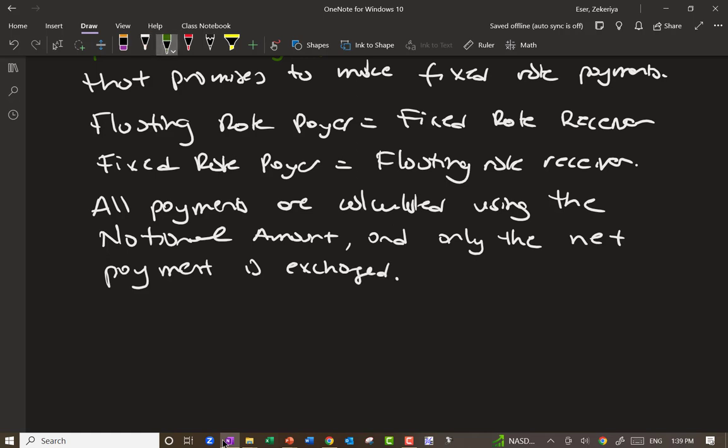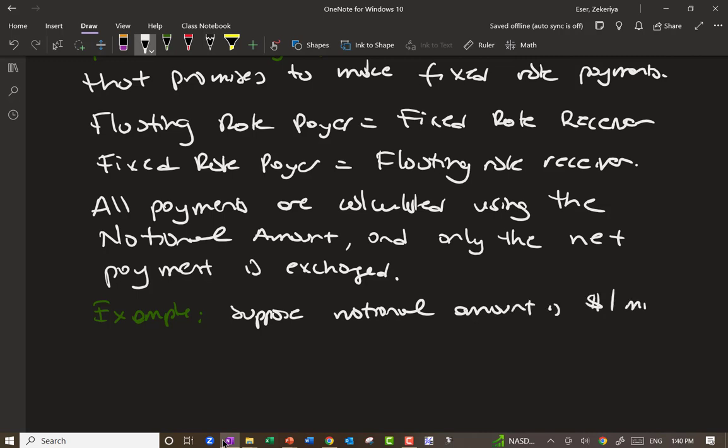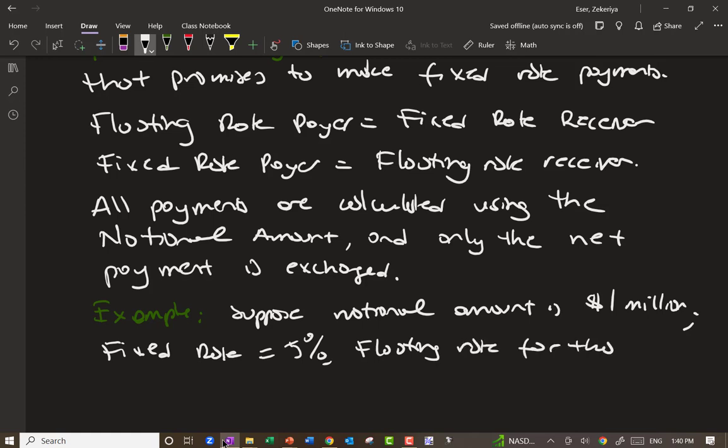For example, suppose notional amount is 1 million. Fixed rate equals 5%. Floating rate for that period is, let's say, 6%.